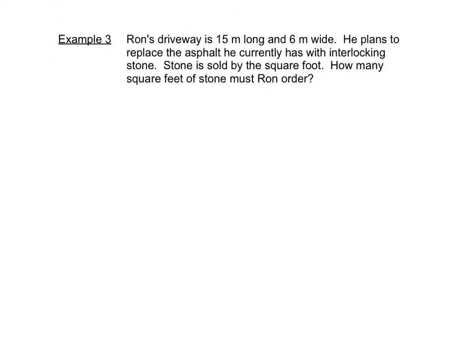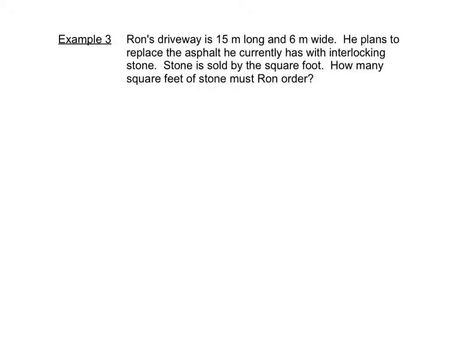Okay, for the most part, this approach actually does work better. In the last question, it was fine because converting from square feet to square yards is quite easy, but it's not so easy when you're converting from meters to square feet as we are in this particular question. So let's have a look at the example.